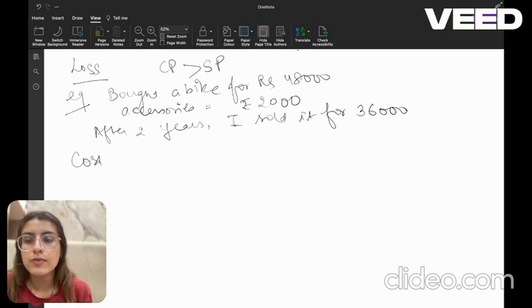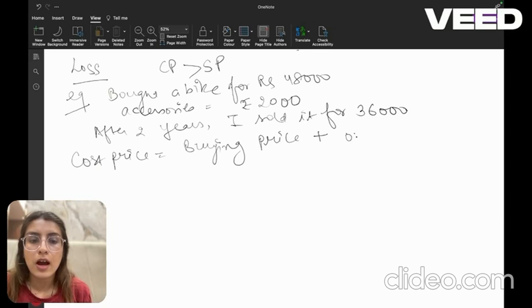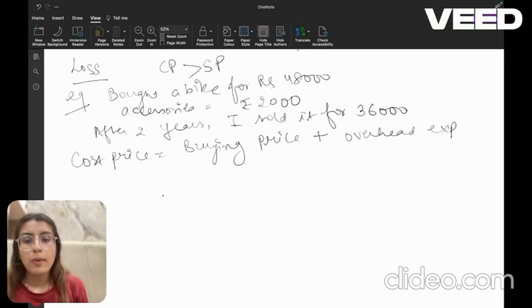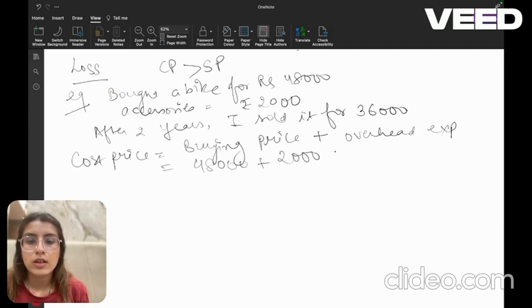So our cost price will be buying price plus our overhead expense. Buying price was 48,000 and overhead expense was 2,000. So our cost price will become 50,000, and the selling price, SP, I sold it for 36,000.